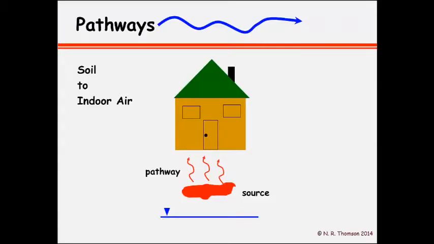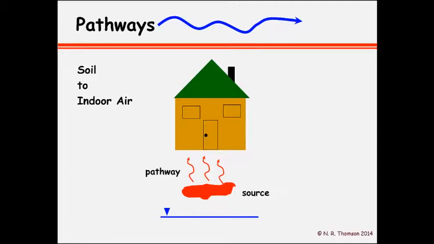In other instances, we may have a contaminated part of land that's above the water table in the unsaturated zone that may contain volatile organic compounds, and then these compounds will, through a phase change or having a higher vapor pressure, create a gas phase that could enter an indoor air environment.